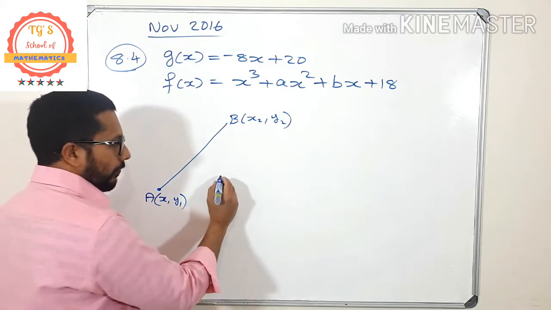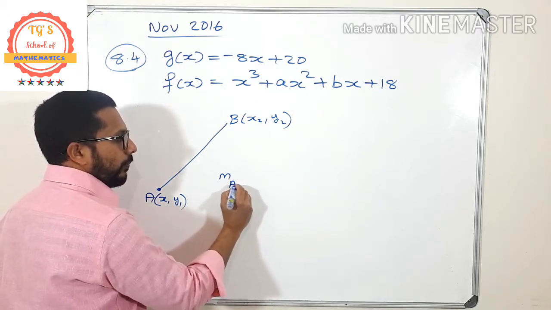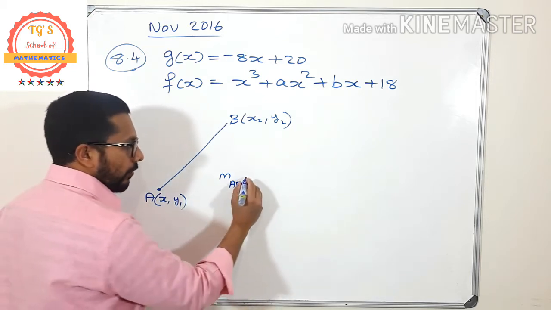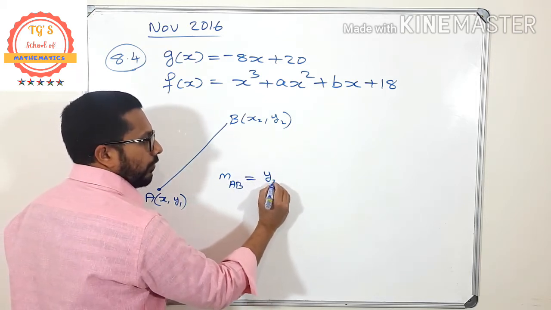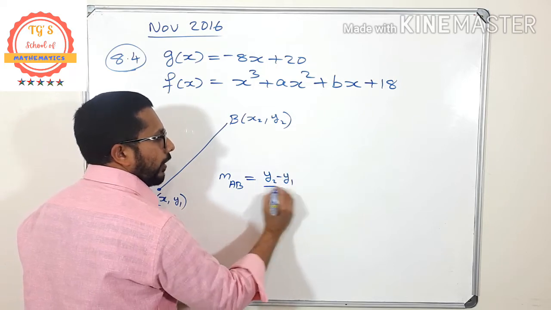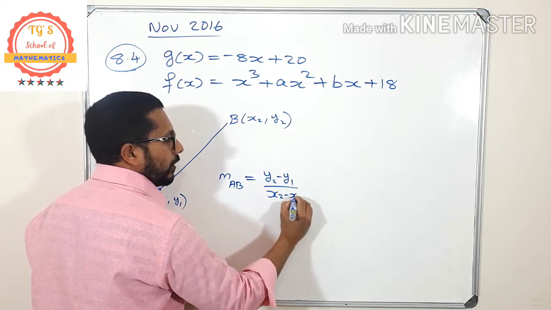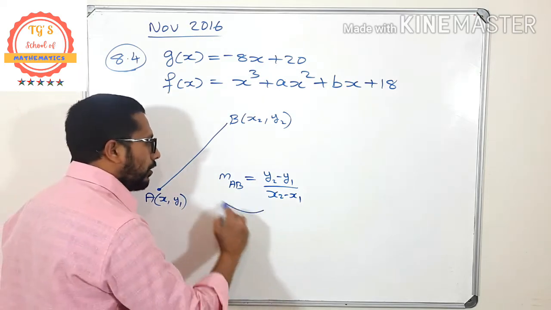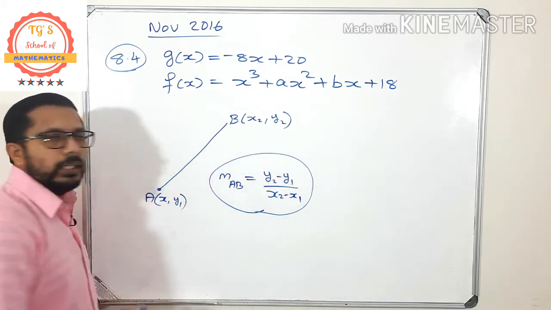We represented the gradient as m of AB. What is the formula? y2 minus y1 divided by x2 minus x1. This is the formula that you studied to find the gradient of a straight line.